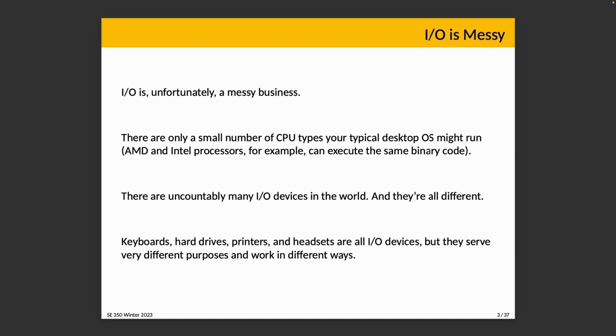The keyboard is an input device. You use it to type whatever it is you are typing, and that's primarily its purpose. But you can't say that it's only input, right? Because on a lot of keyboards, there's a light that lights up when you have caps lock on, so it's telling you something about the state of the system, which does suggest that there is some output on it.